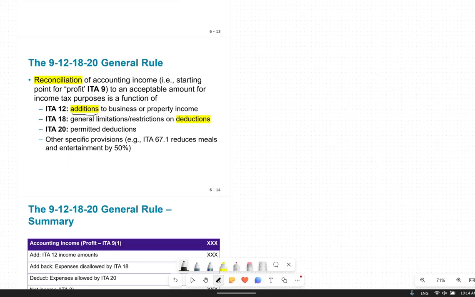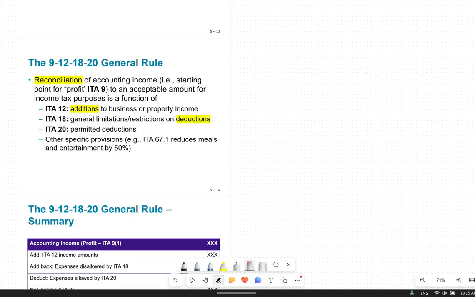Any addition to the business or property income goes under Income Tax Act section 12, and your deductions to reduce that income are limited or restricted under this act. So we're not allowed to deduct all the expenses, there is a limitation. Under this, some deductions are permitted and some are not permitted.